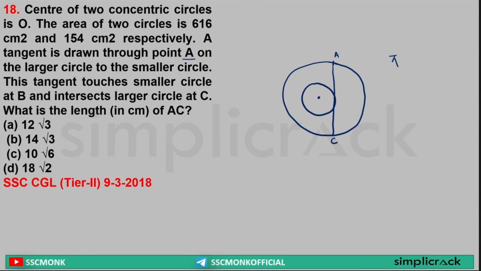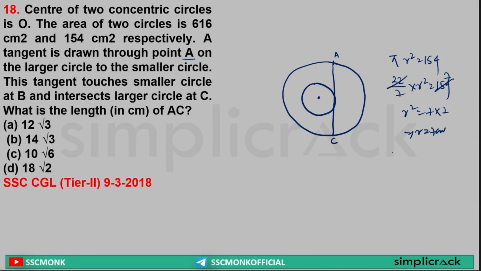Very basic. Sir, pi r square is equal to 154 for the smaller circle. Pi is equal to 22 by 7 into r square, that is equal to 154. R square is equal to 7 into 7. That means r is equal to 7 centimeter. 7 centimeter is the radius of the smaller circle.